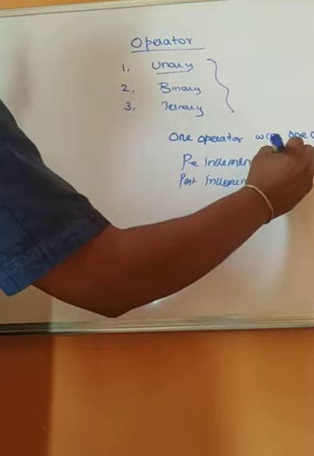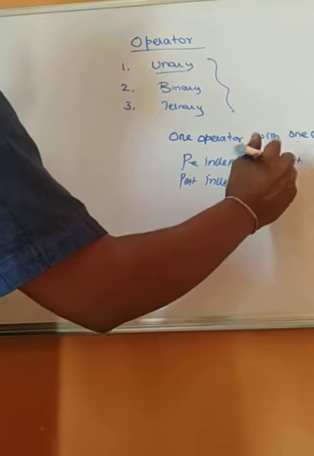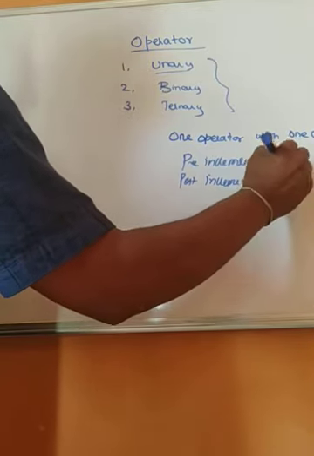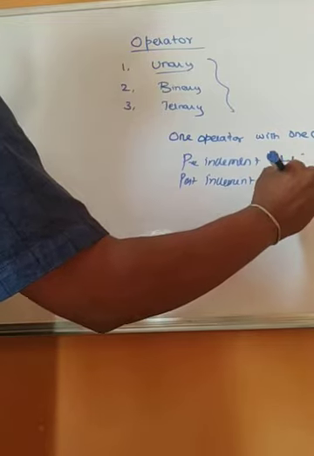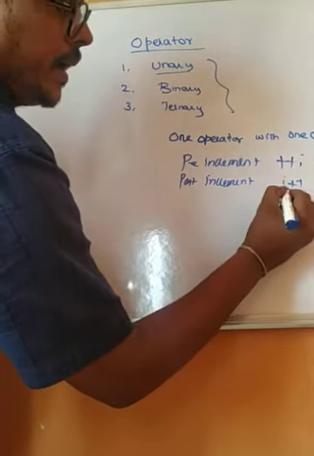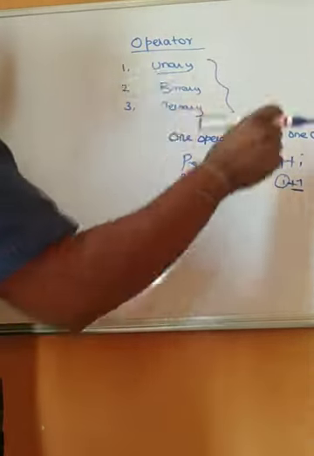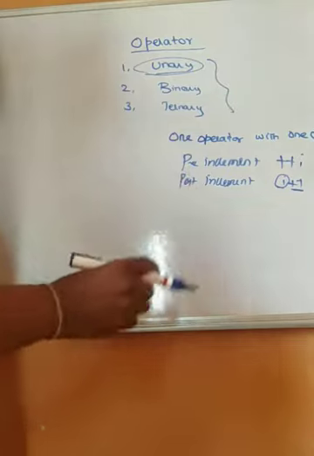So we call it as I++, plus plus I and I++. See, I have one operator with one operand, the variable which I am declaring as operand. So when I have one operator with one operand, then we call that as unary operator.